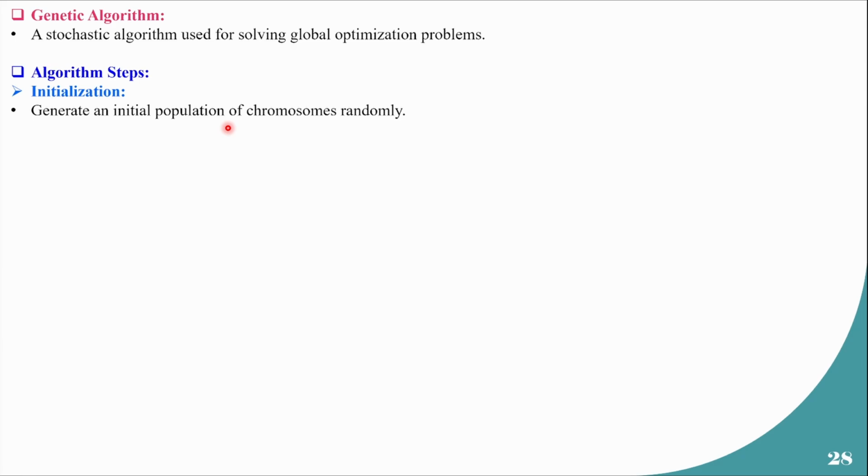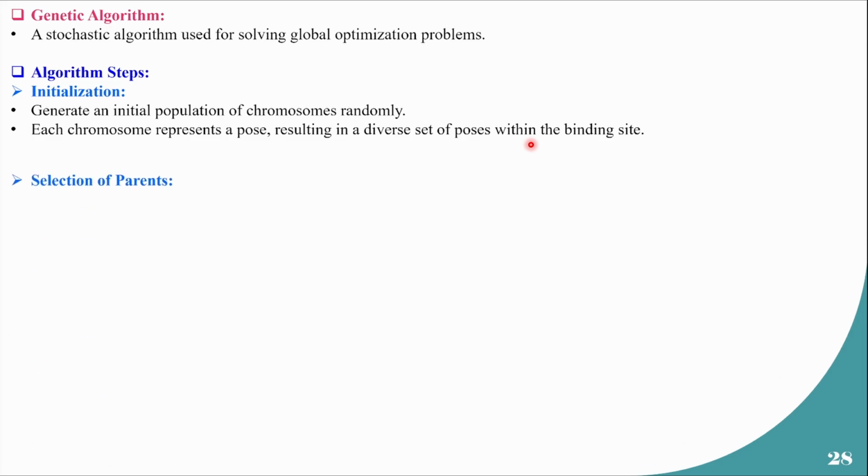It is generating those conformations randomly because it is a stochastic approach. Each chromosome is representing a particular pose, so we have a diverse set of poses inside the binding site. It's not a literal chromosome, but it represents one conformation or one pose inside the binding pocket.